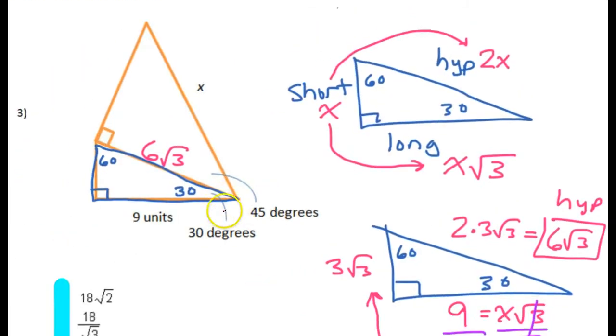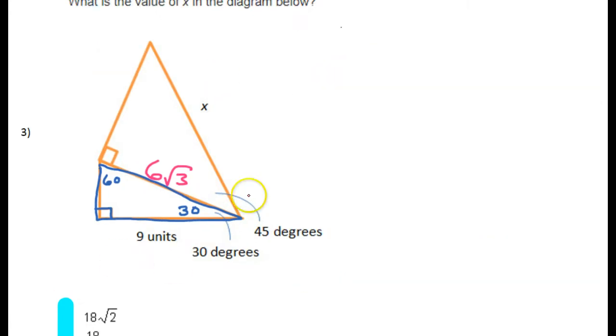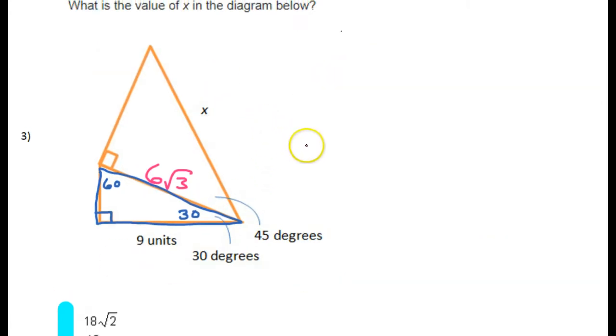Now we need to talk about the other kind of special triangle. The other kind of special triangle is a 45, 45, 90 triangle. They told us that this angle right here is 45 degrees. That automatically means that the other angle is also 45 degrees.